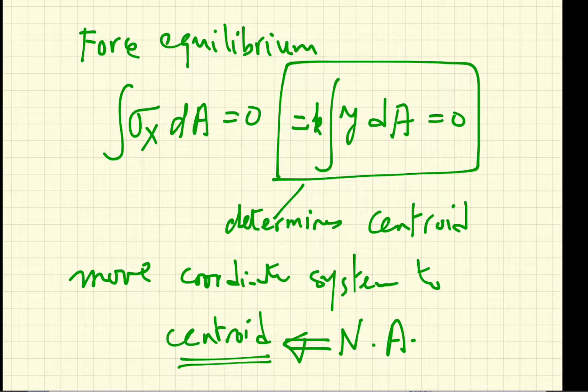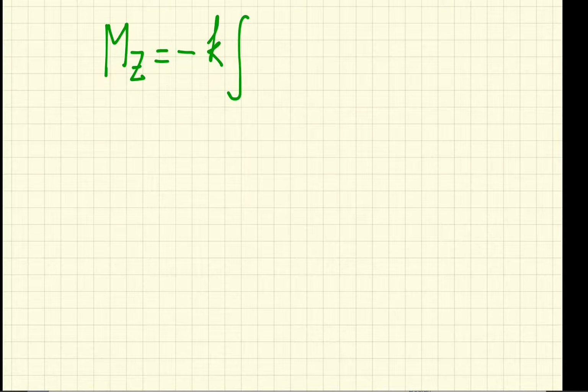Having done that, the second equilibrium equation is equilibrium of moments, and the applied moment is m sub z, which is equilibrated by the internal moment. So the sum of the moments is equal to 0, so m sub z is equal to minus the resisting moment, which is k times y, and then we multiply by another y, which is the arm length, to get the total moment.